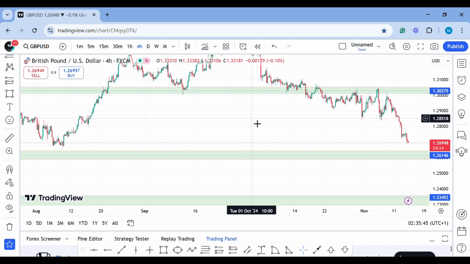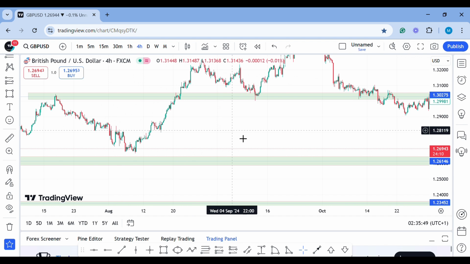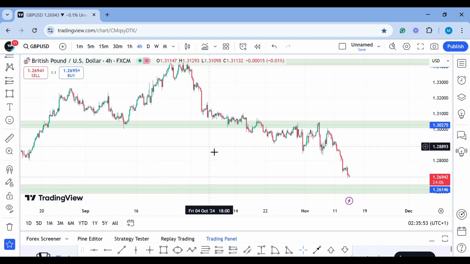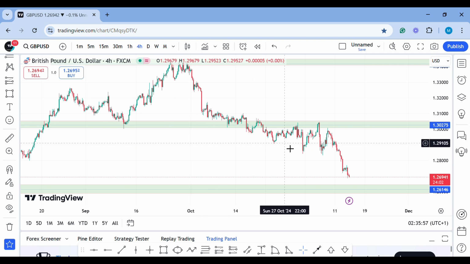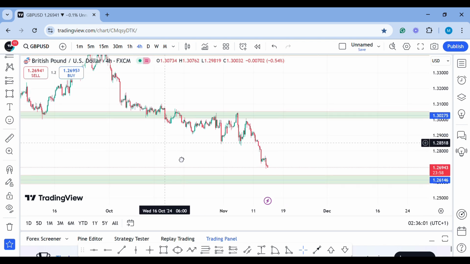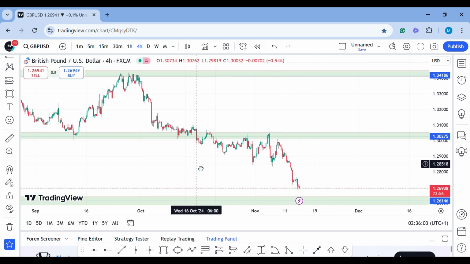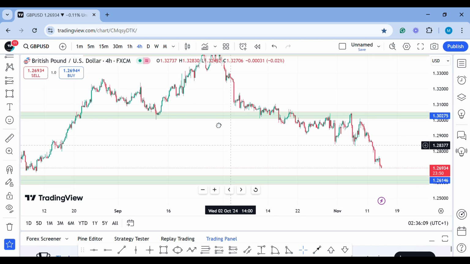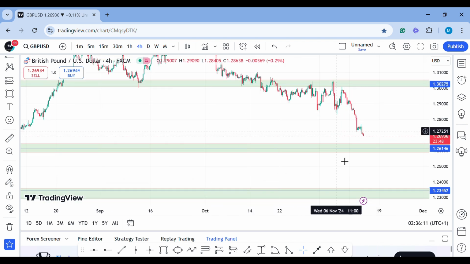Okay, remember you have to go to the left hand side and see how market has reacted. Me, I'm not seeing any good one on this H4.